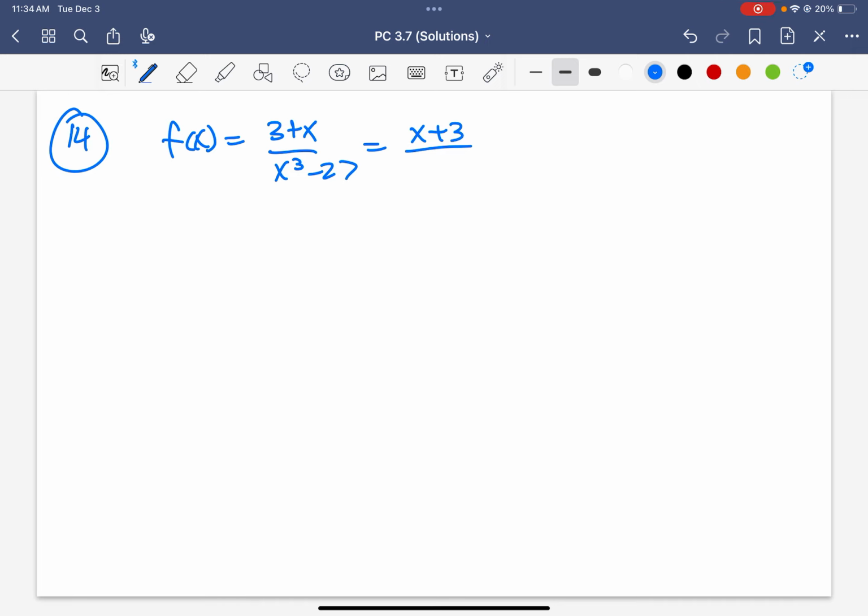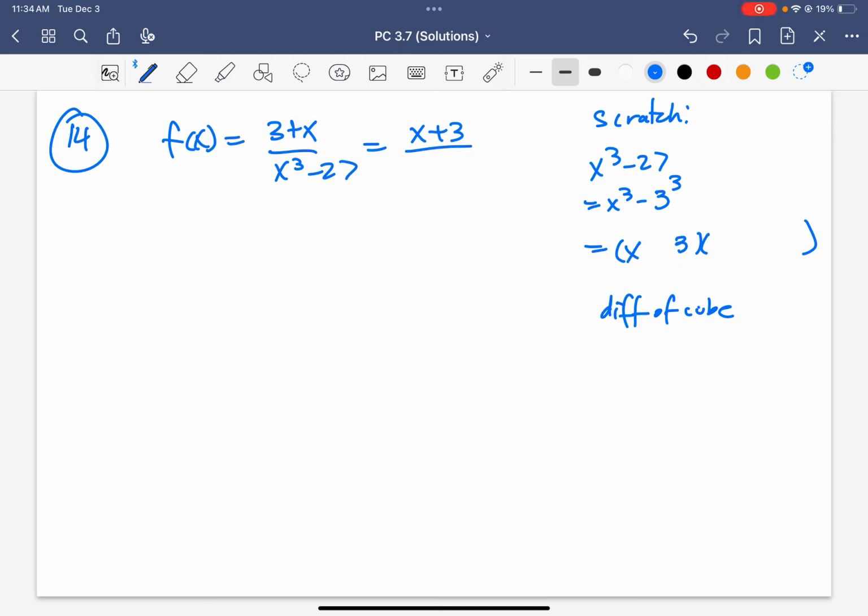And over in our scratch work, we know that x cubed minus 27 is just x cubed minus 3 cubed. So using the difference of cubes formula, I know I'm going to have an x and a 3, an x squared, a 3x, and a 3 squared.